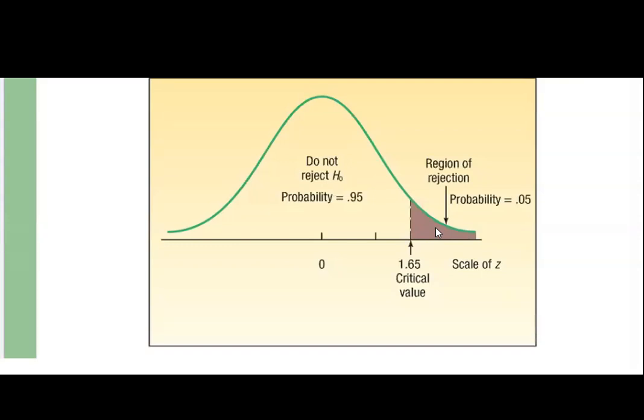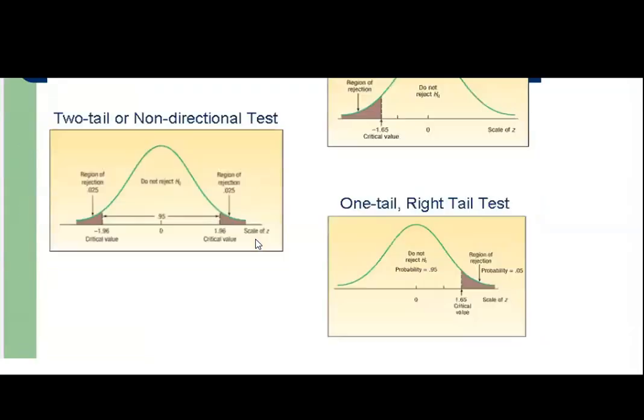If it's higher, more, that's right tail. If it's lower, less, that's left tail. So you can see all three types of hypothesis on this slide. That's a two-tail, 95%, 1.96 is the critical value. That's a left tail, and that's a right tail.